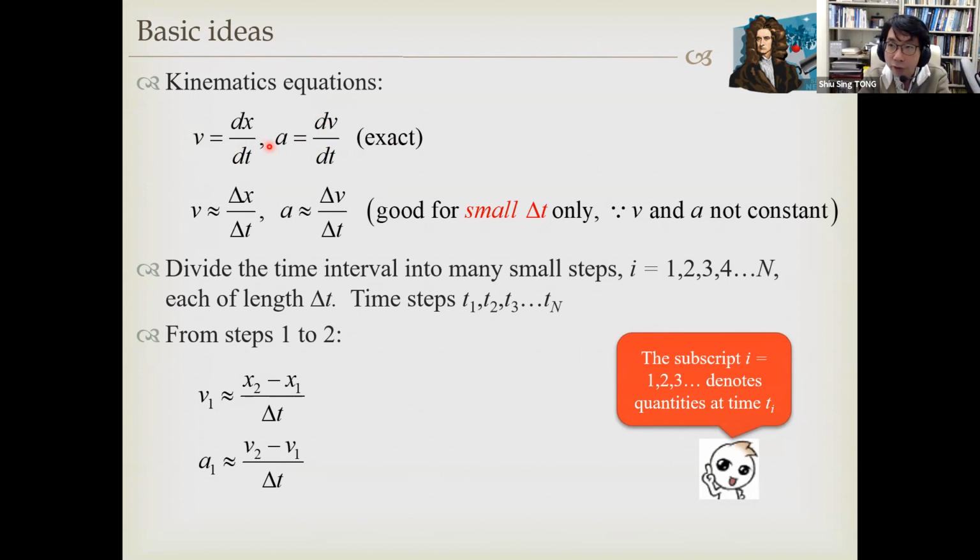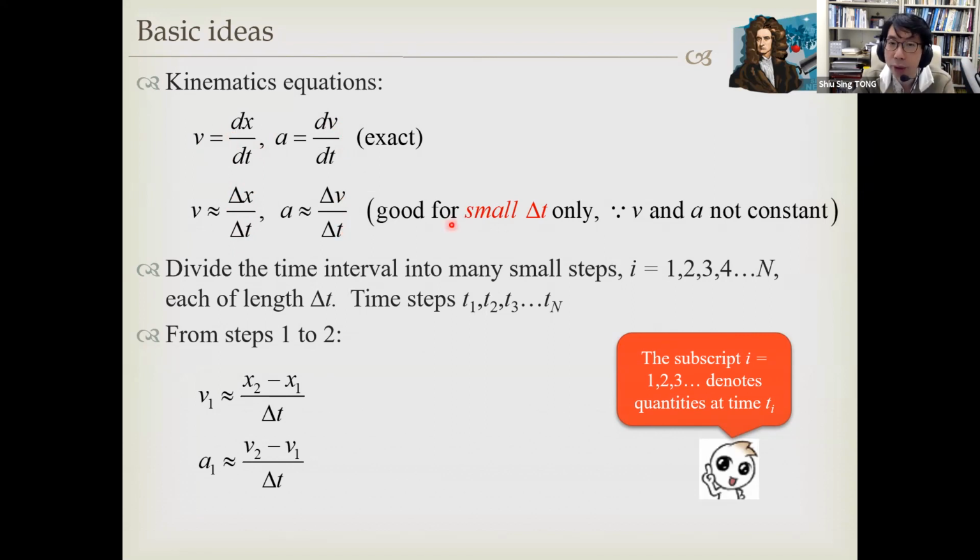Now, we emphasized in our discussion that if we consider a time interval that is sufficiently small, then I can replace the derivative dx/dt by a finite ratio of two finite increments, that is delta x over delta t. We can replace dx/dt by delta x over delta t, and we can also replace dv/dt by delta v over delta t.